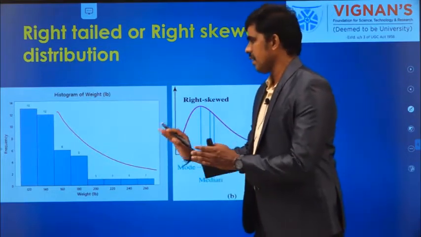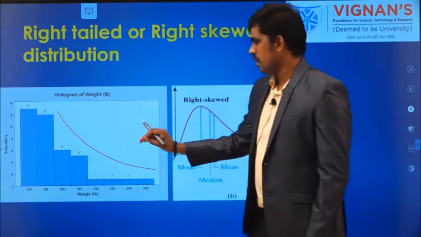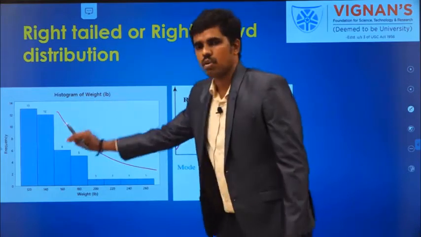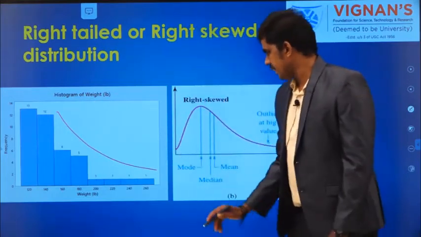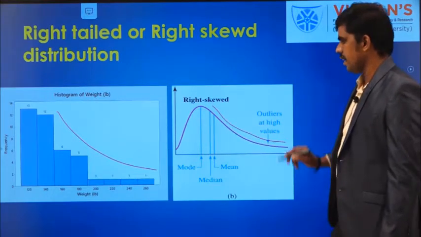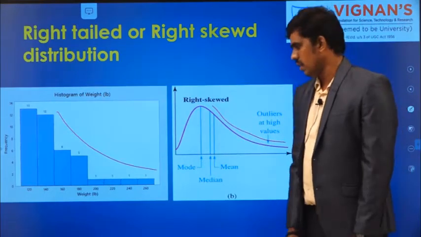The data values are spread out more on the right side. That's why it is called right tailed. Here also you see the tail on the right side, so it is called right skewed or positively skewed.